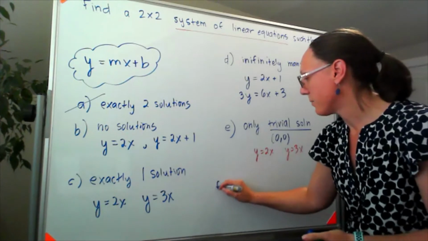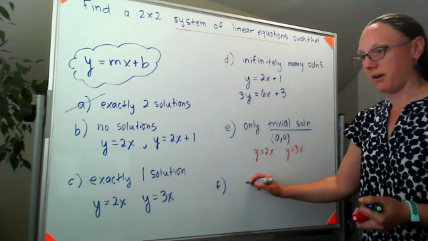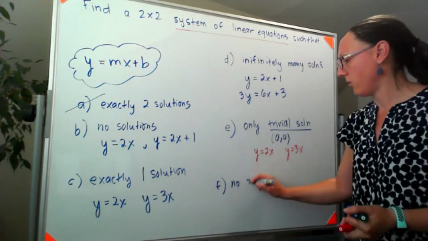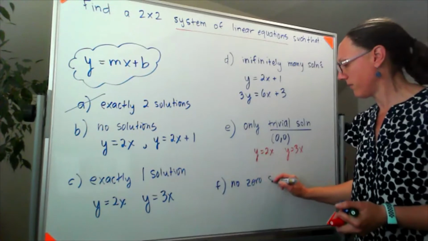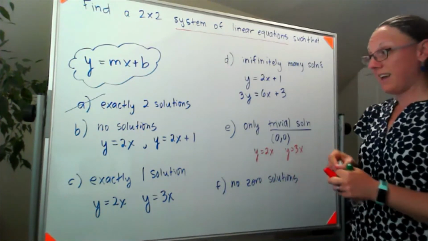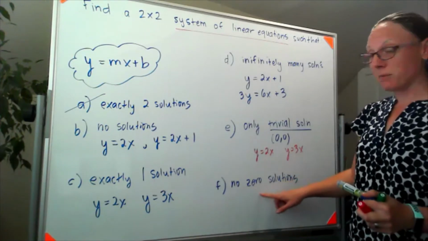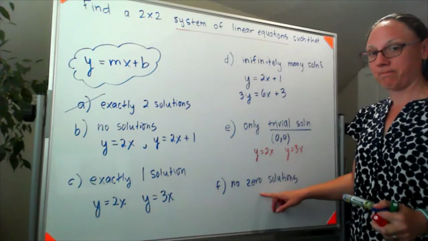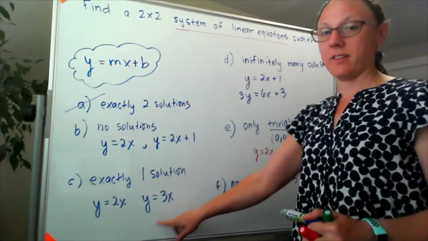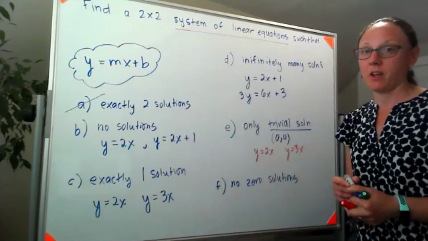And our last piece here, we want it to have no zero solutions. Well, this means it has to have a solution, but I don't get to use the one where the solution is 0, 0.